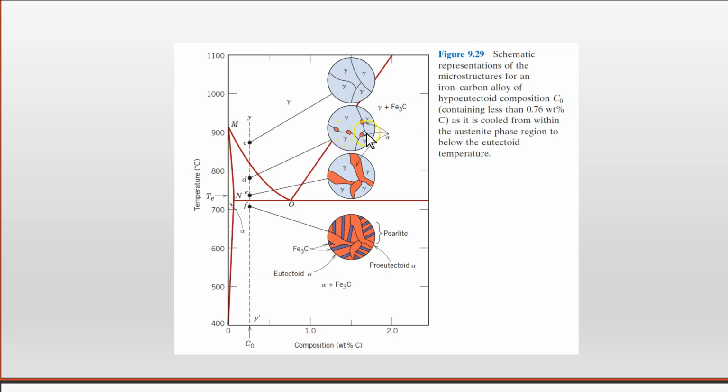You can see this occurring at the grain boundaries. The alpha phase grows, and the composition of the gamma goes towards the eutectoid composition. At that point, the remaining gamma turns into pearlite.